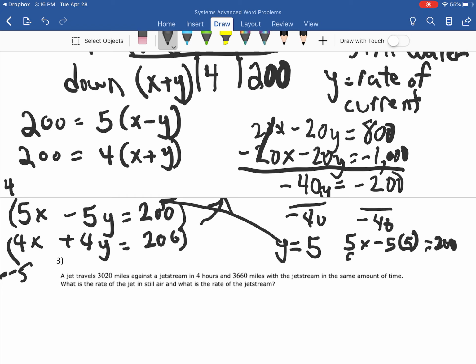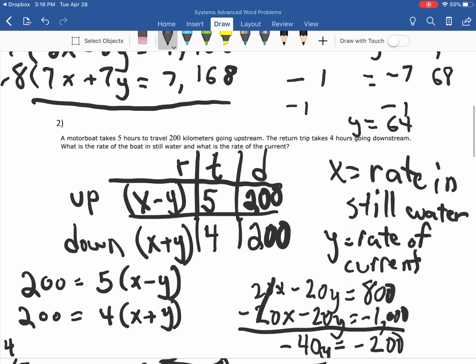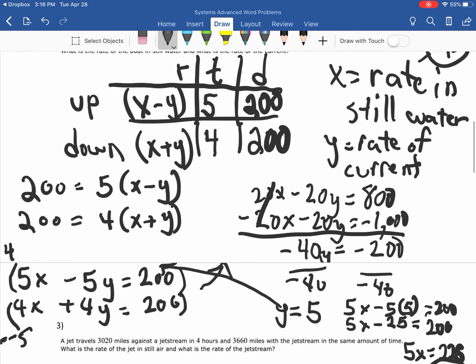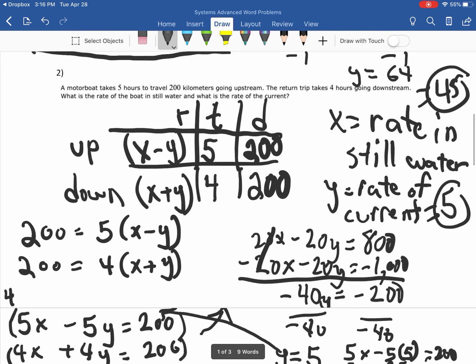Equals 200. 5x minus 25 equals 200. 5x equals 225, and x equals 45. So rate in still water is going to be 45, and we got the rate of the current was 5, and both are in kilometers per hour.